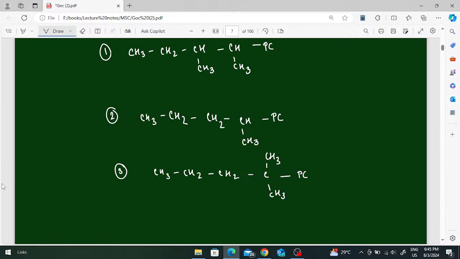If you see here, on this carbon I have 2 methyl, that is the number of branches is 2 here. Here the number of branches is 1, here the number of branches is 2. But first see, you'll win by distance. Distance wise, you have 1, here you have 1, here you have 2. So 3 wins overall. But between 2 and 1, now what is going to happen? Here you have 1, here you have 2. So 3 over 2 and 2 over 1.